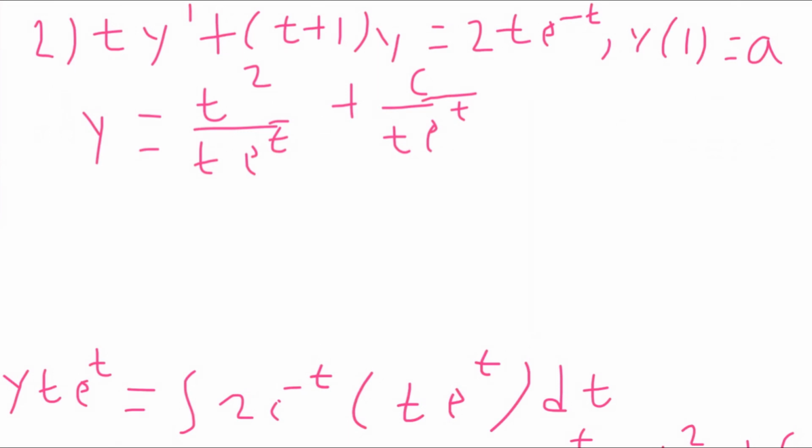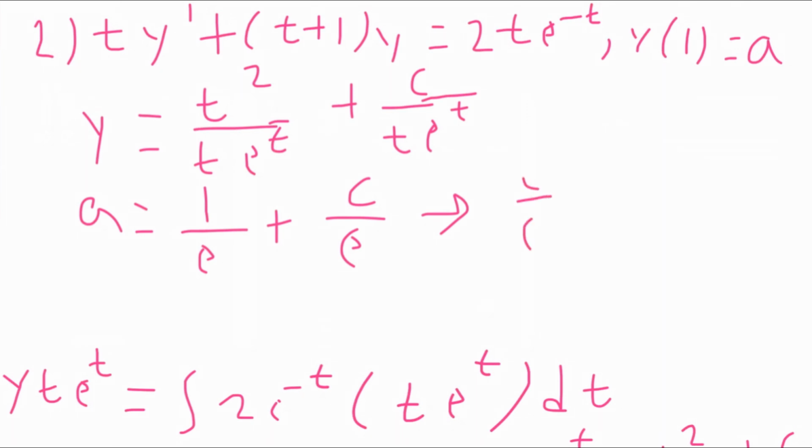So we have y of 1 is equal to a, so for y we're going to plug in a, and for t we're going to plug in 1, so 1 over e plus c over e, and this becomes c over e is equal to a minus 1 over e, and you multiply by e, so c is equal to ea minus 1.